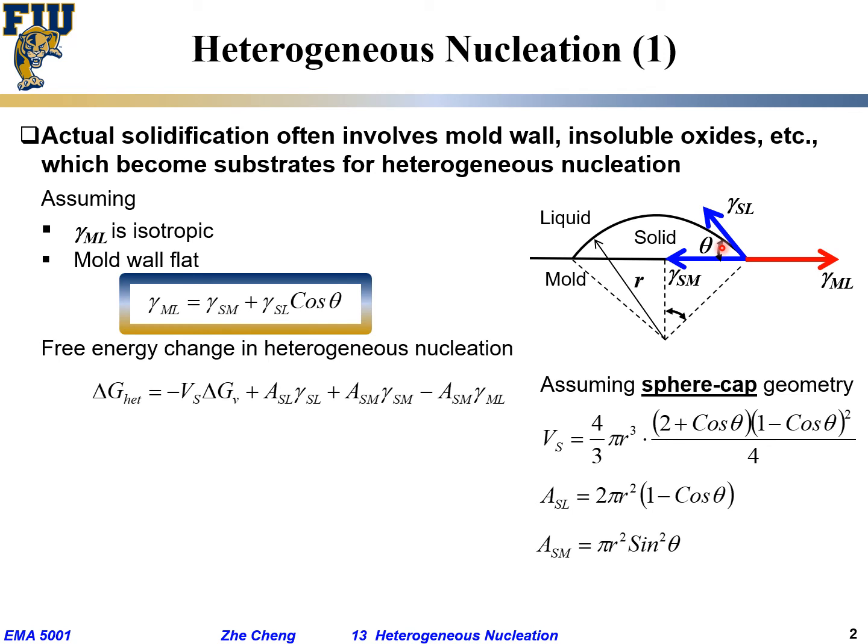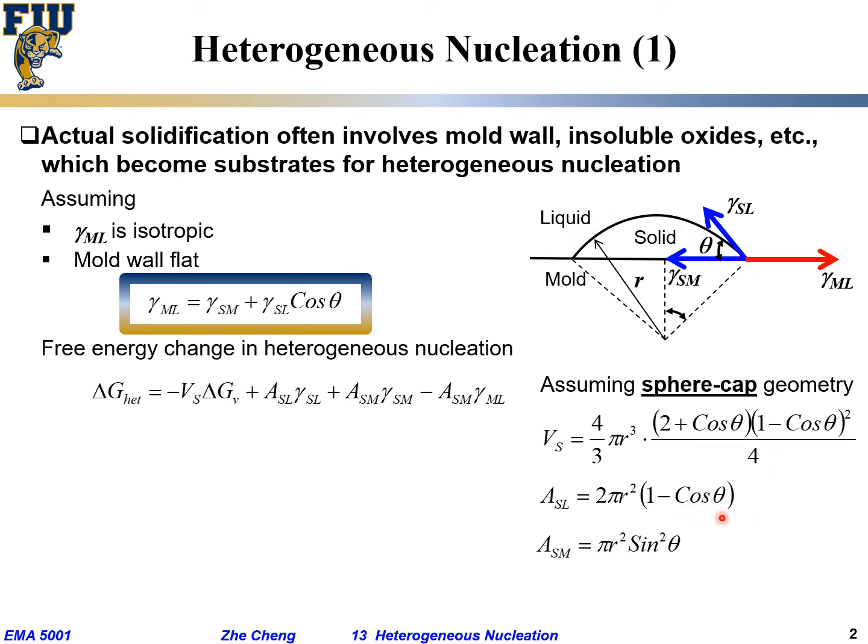Half a sphere, right? When theta is 90 degrees, cosine theta is 0. Okay, 1 minus 0, you got 1. 2 pi r squared, that's also exactly half of a sphere's surface area, right? Makes sense, right?